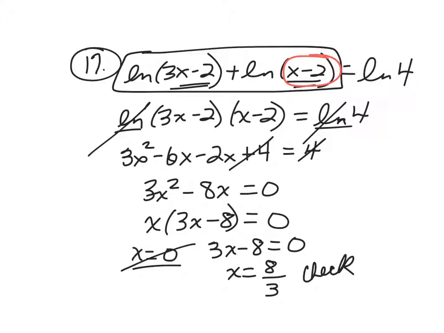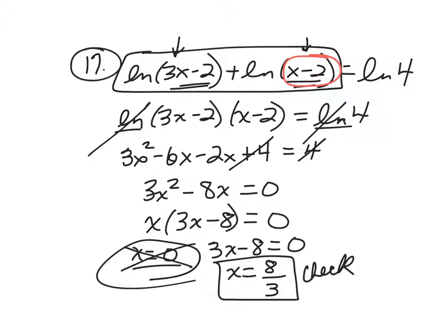So 0 is not a solution. If you try 8/3 in, that's like 2 2/3. If you put that in here, 2 2/3 minus 2 is still positive, so that's okay. 3 times 2 2/3 is more than 6. Minus 2, that's going to be positive, that's okay. So the only solution to number 17 is 8/3. Don't forget that business where you got to check. A lot of students forget that.